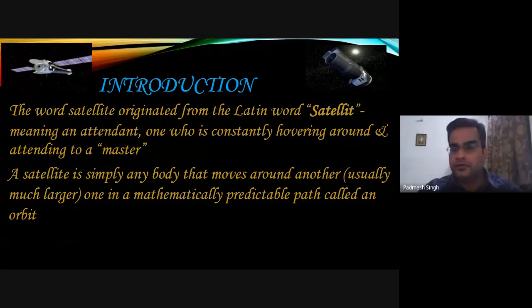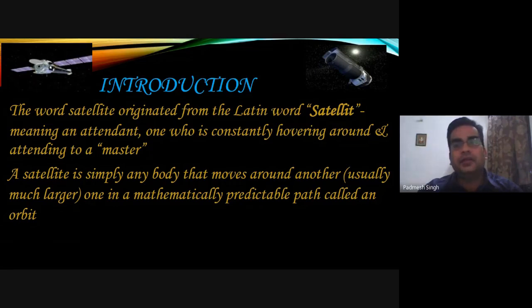In earlier geography lectures, we have studied about satellites. Basically, in our earlier school days we studied that it is of two types: a natural satellite and an artificial satellite. Here we are talking about artificial satellites.